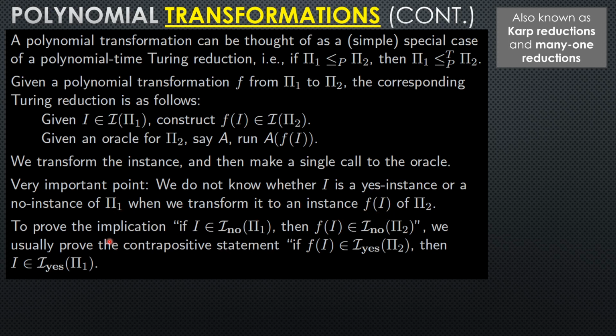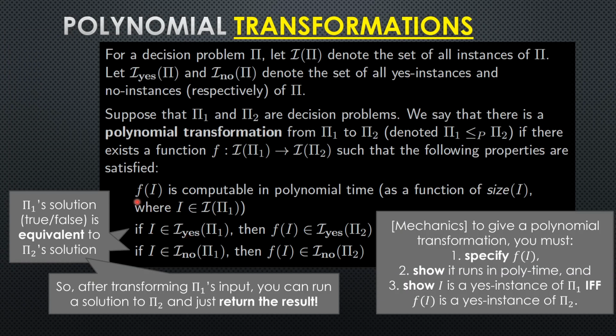Okay, and I gave those three things that we want to prove about f of I and about I on the previous slide. So if I scroll back for one second to show you that, here we had f of I is computable in polytime, then we have these two statements about the relationship between the return values of I as an input to problem 1, and f of I as an input to problem 2.